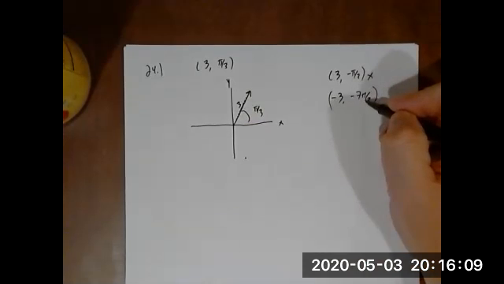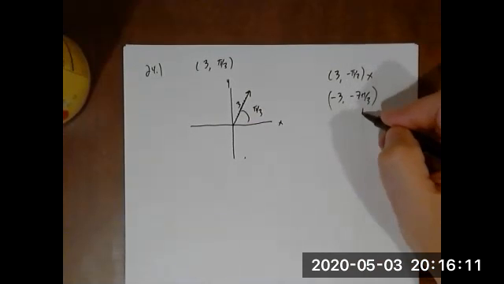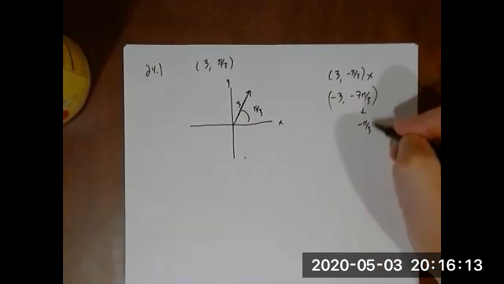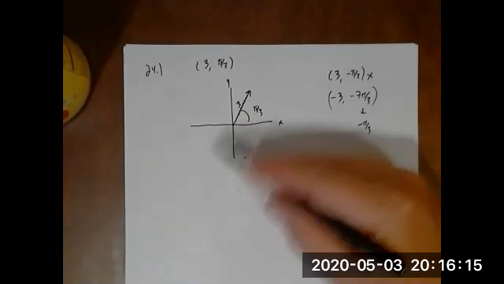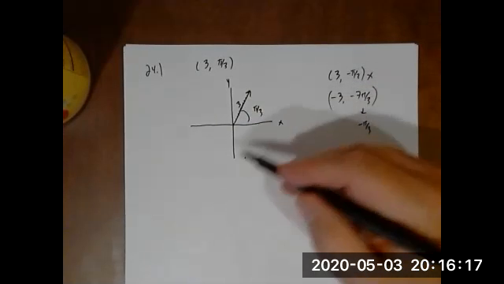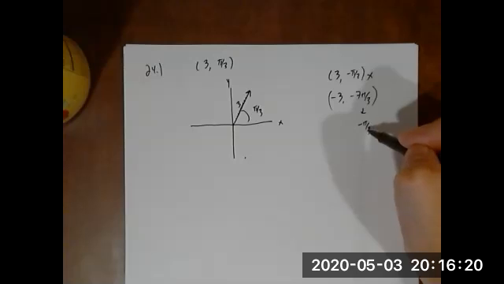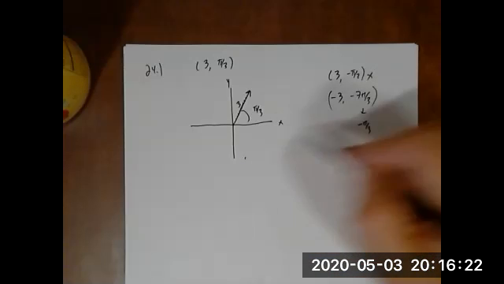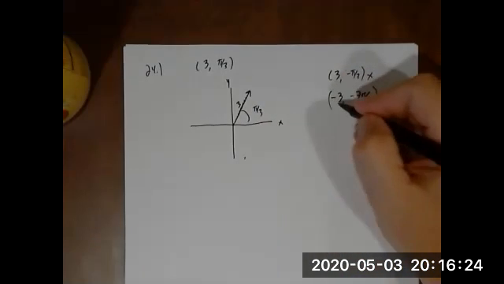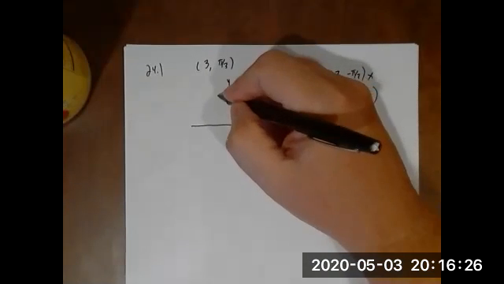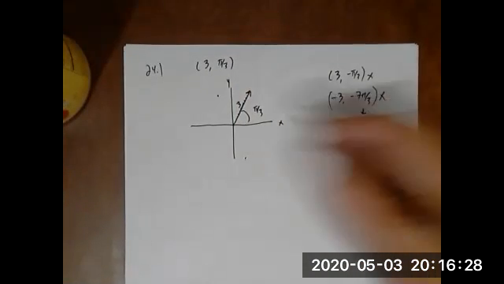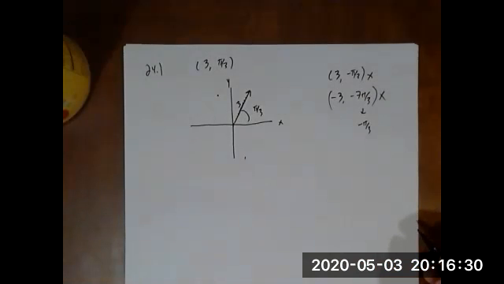Now this negative 7 pi over 3 is really the same thing as negative pi over 3, because negative 2 pi is negative 6 pi over 3. So you go around the circle once, and you go back to negative pi over 3, but the negative 3 flips it over, so you end up here. Definitely not the same point.